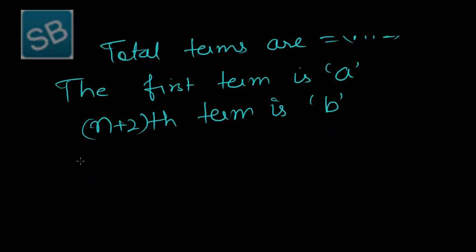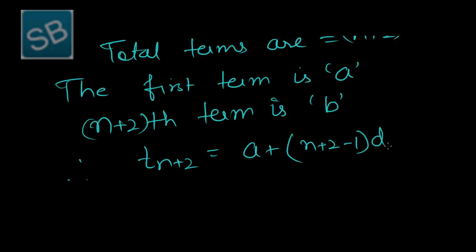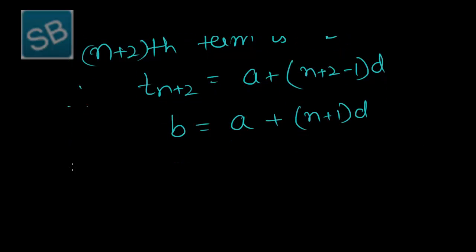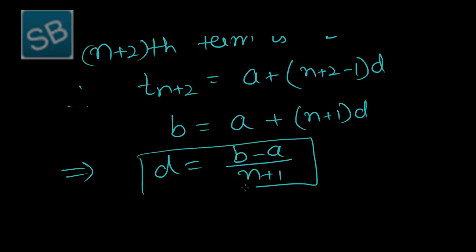Therefore, T of n plus 2 will become a plus n plus 2 minus 1 times d. As T of n plus 2 is b, we get b is equal to a plus n plus 1 into d. Therefore, we get d is equal to b minus a over n plus 1. So we get the common difference.